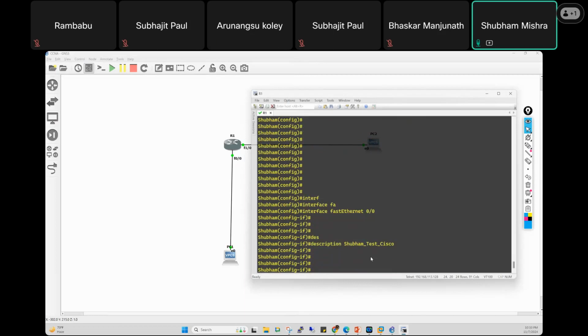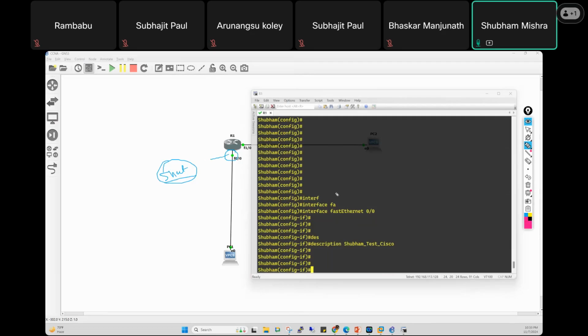After that, there is one more thing: shutdown or no shutdown. If you remember, I told you that by default all the interfaces of the router are in which state? Shut state. Please remember this by default.